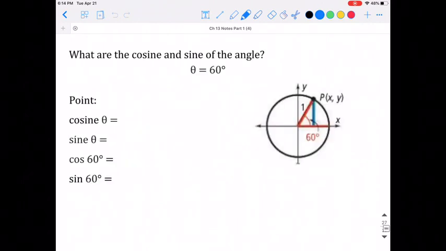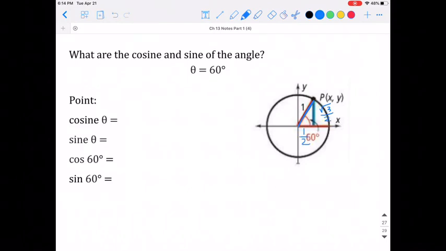First, what are the cosine and sine of the angle theta equals 60 degrees? If our theta is 60 degrees, remember our hypotenuse is always 1, which makes the side opposite the 60-degree angle radical 3 over 2, and the side opposite our 30-degree angle 1/2.